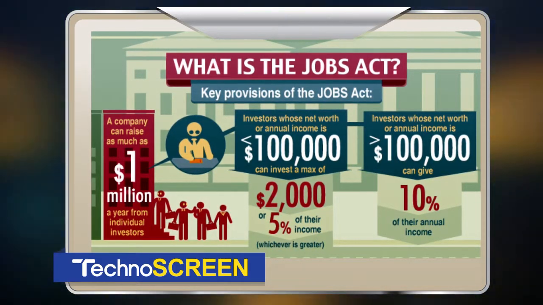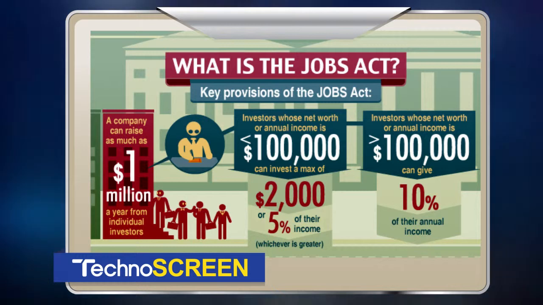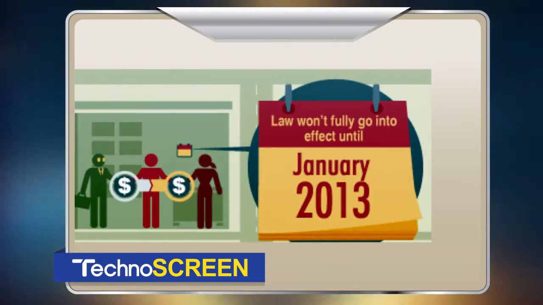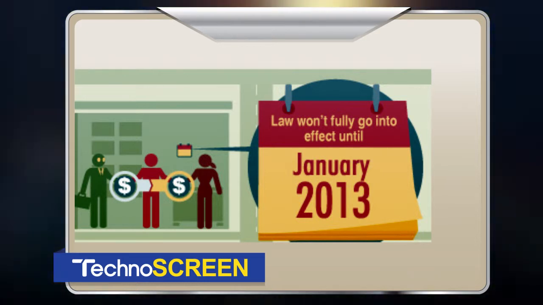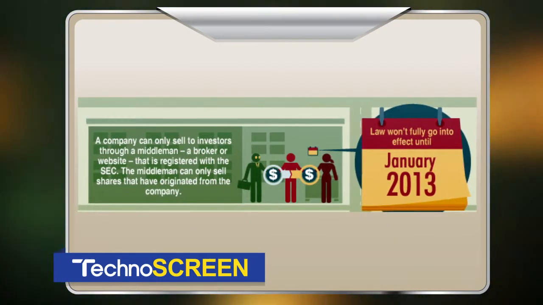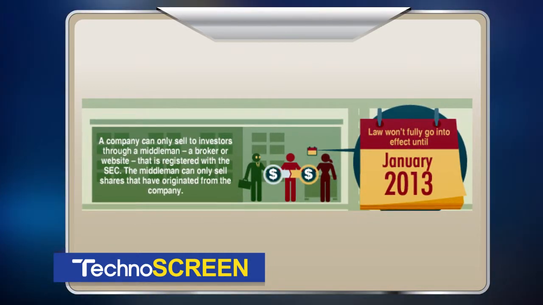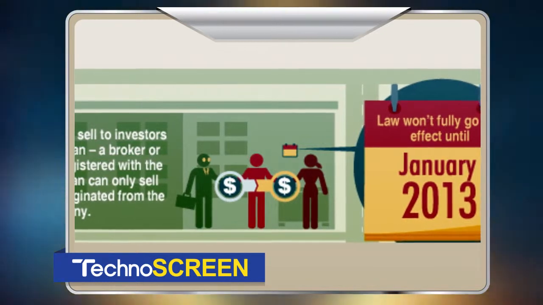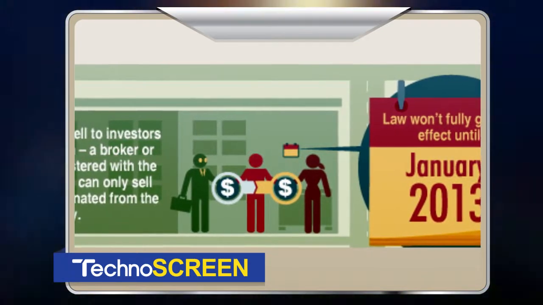So it limits the amount of money that any one person could invest in a company using the crowdfunding platform. It also stipulated that a company can only sell to investors through a middleman, which would technically be the crowdfunding platform.